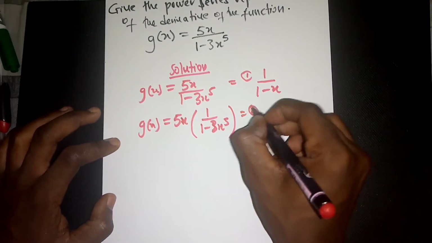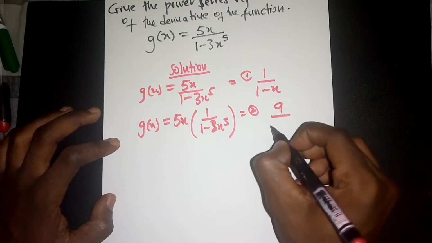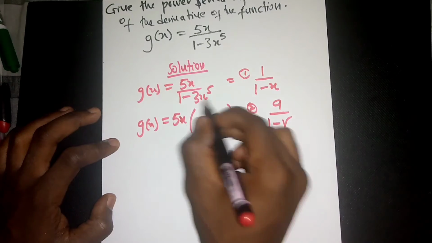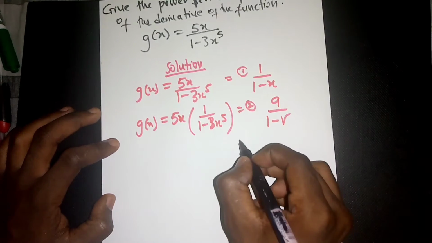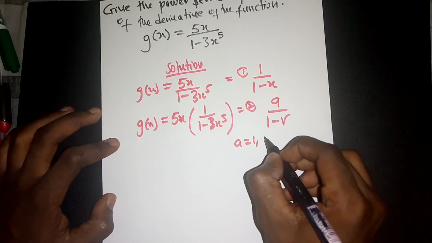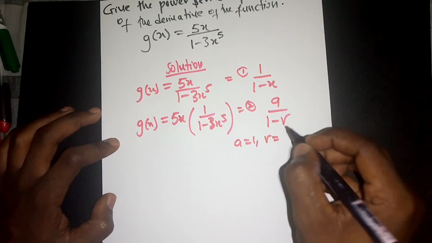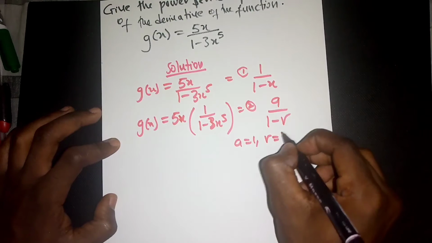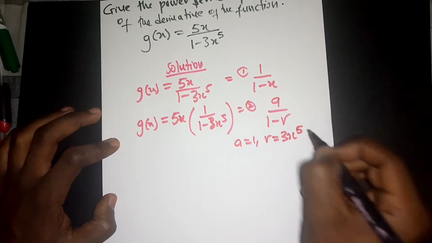Now the second step is that we have to identify these values a and r. Looking at the function over here, a is just 1, and r is 3x to the power 5.